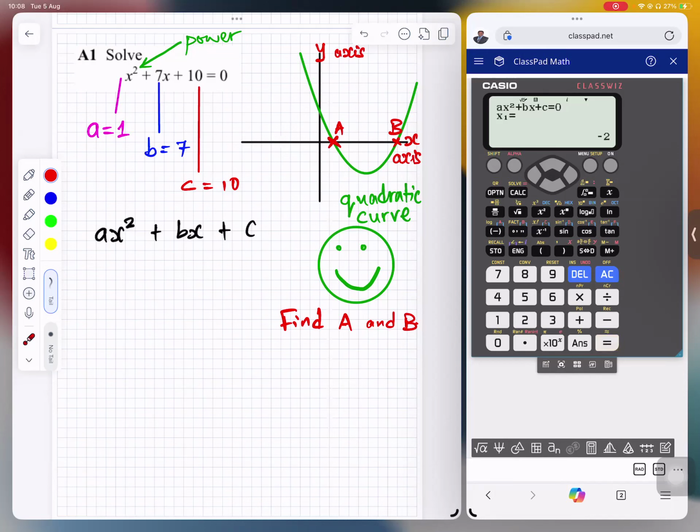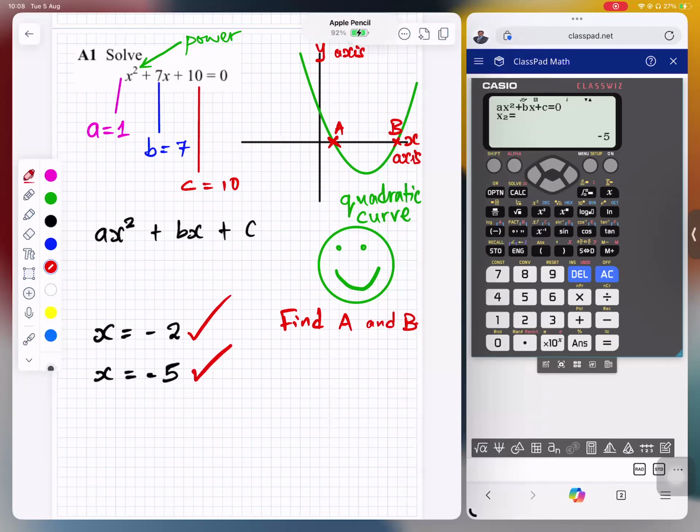It gives you the first answer: x is minus 2. And you press equals again. It gives you x is equal to minus 5. And that's your two answers.